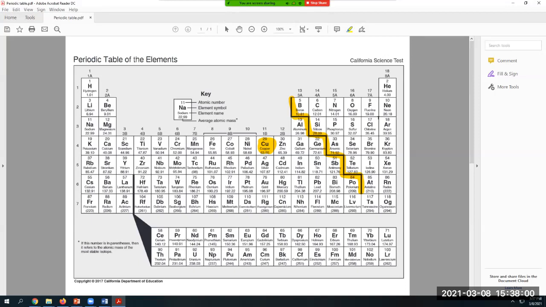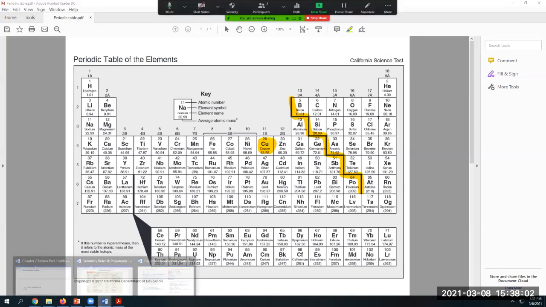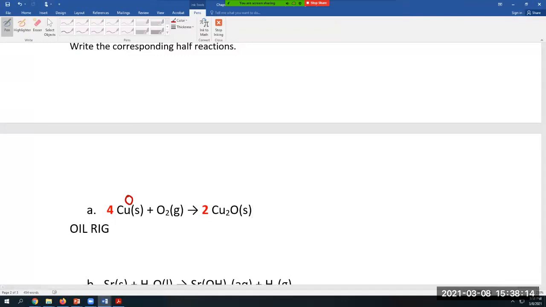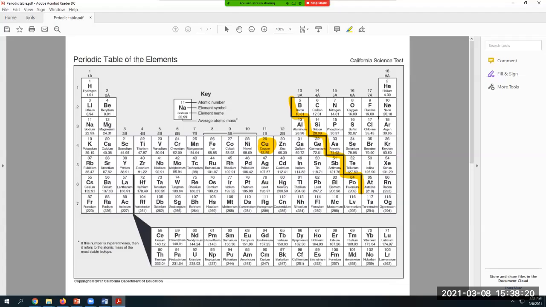So when you have copper in its elemental state like that, the charge is necessarily 0. So you can write above that the oxidation state for copper on the left side is 0 because it's copper in its elemental state. Oxygen is not a metal.